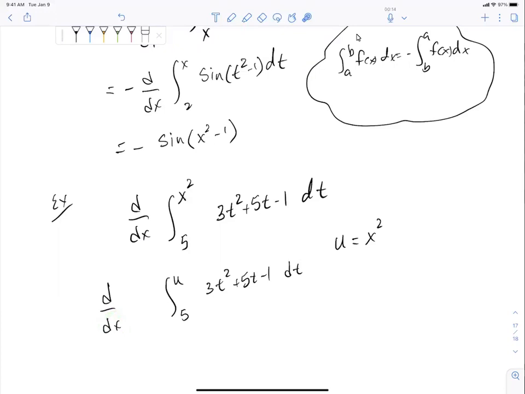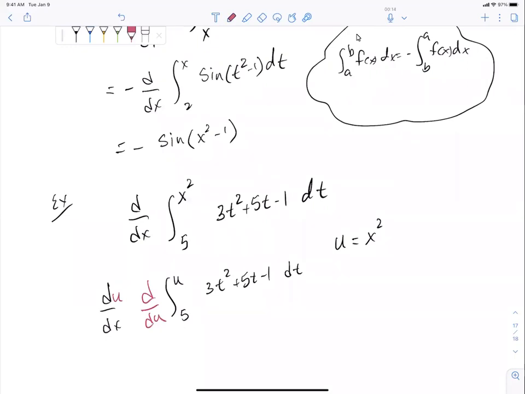I want to have d du here, but I have d dx. So I'm going to write it as du dx times d du. By the chain rule, using Leibniz notation, the du's would, quote unquote, cancel and you get d dx.